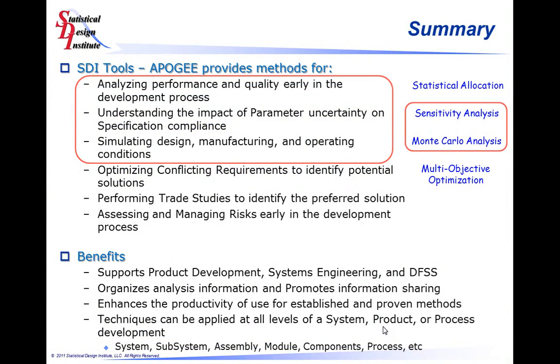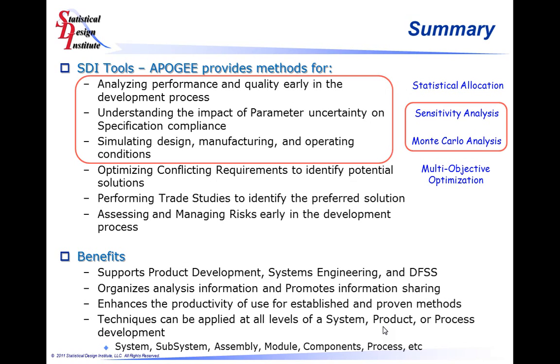So in summary, by using the Apogee tool, we've analyzed the performance and predicted the quality of this design very early in the development process. We now have an understanding of the impact of parameter uncertainty on our specification compliance, and we simulated this design based on manufacturing conditions for these individual parameters. We could have included other conditions related to operating conditions and other circumstances that may influence variation of the response.